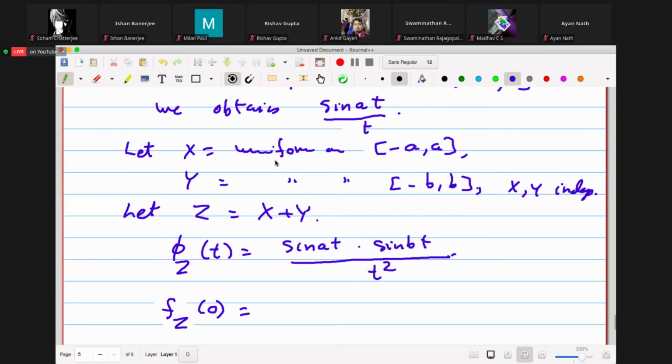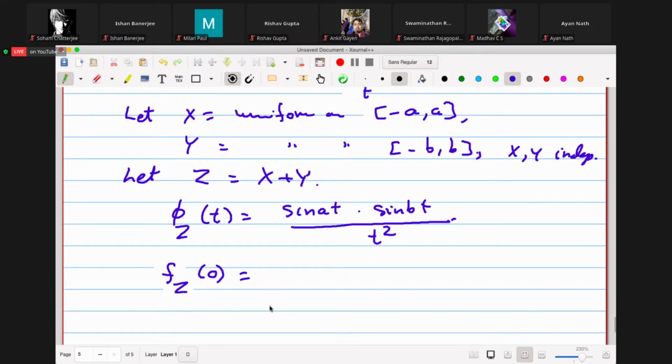See, these are both continuous distributions. This also has a continuous distribution, and you can write down the distribution function for this one, and you need to check that this is indeed differentiable in the neighborhood of 0 and so on.